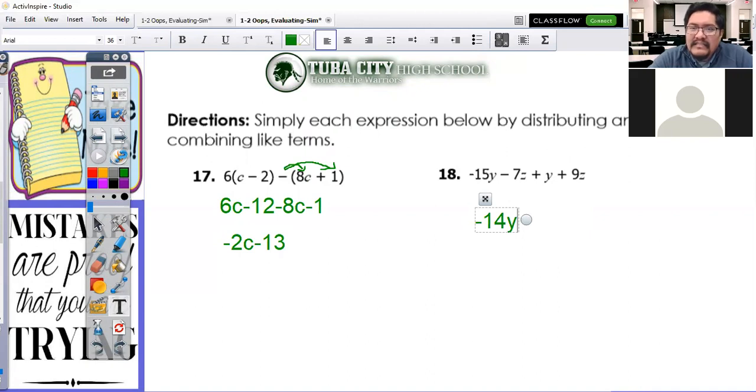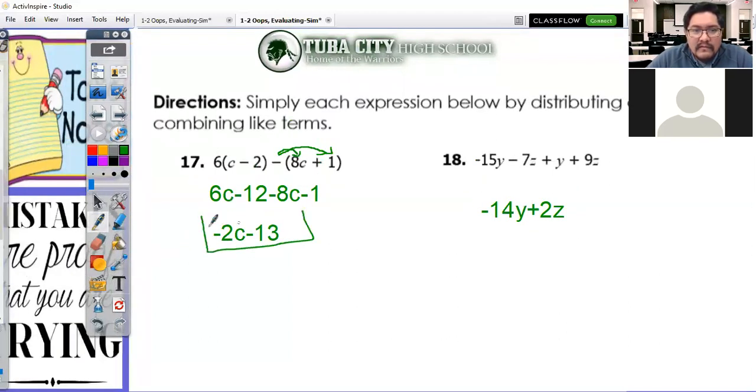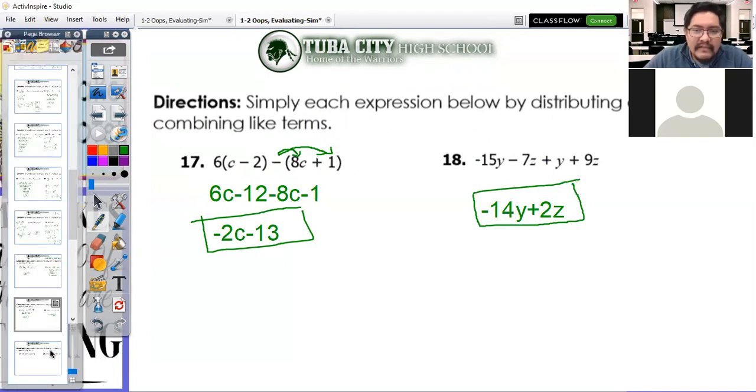So 9 minus 7 is going to be 2, so that's going to be 2z. And since my 9 is bigger and it's positive, that means the answer will also be positive. All right, so that one was pretty easy, but the only thing they wanted to make sure you knew is that if you have multiple variables, you've got to put them in alphabetical order.